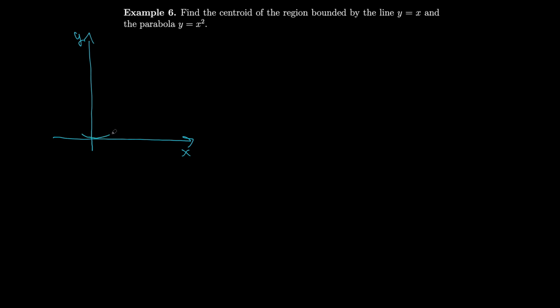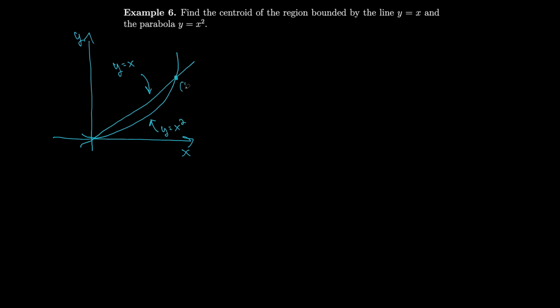Maybe I'll do a parabola first. Wow, pretty bad parabola. Okay, let's see if I can get the line any better. No, both pretty bad. All right, so this line on top is y equals x. And the parabola underneath is y equals x squared.